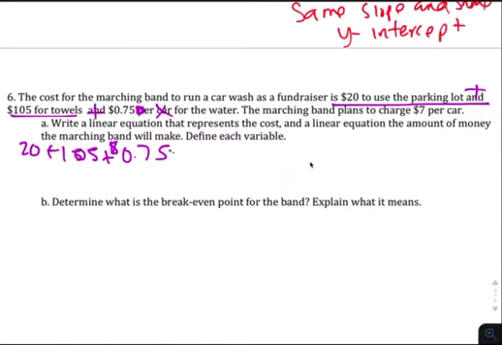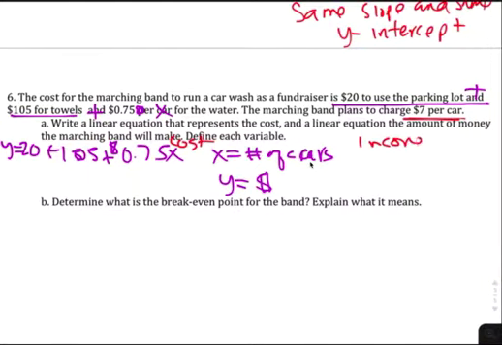Per means times. x is the number of cars, and y then is the amount in dollars the marching band plans to sell to make money. That's income. This is cost. And income is y equals 7x.